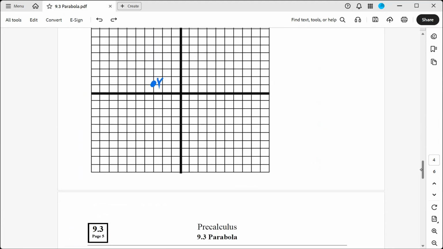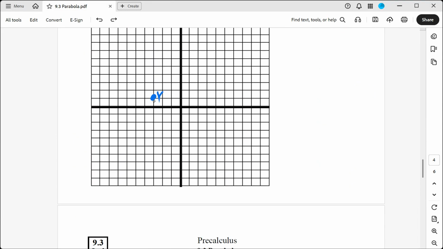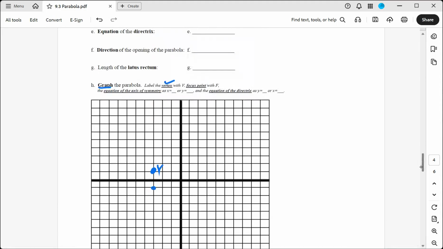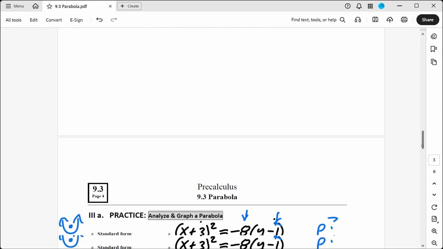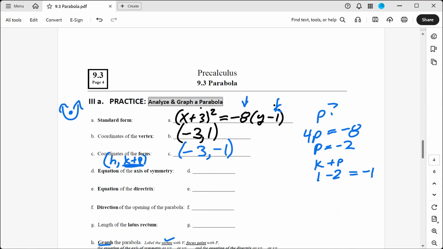So let's graph that. That's -3 and -1. It's down. Oh, I just saw something. I did this here, and I didn't pay attention to the fact it was negative. That means it's going down, and the focus point is here, and it forced me to put the focus point there.